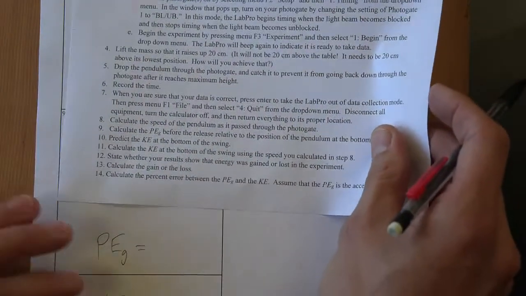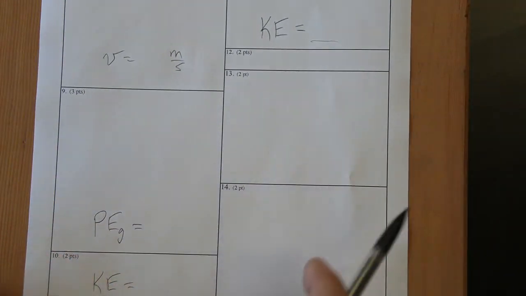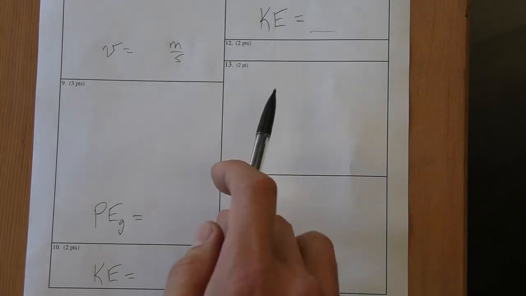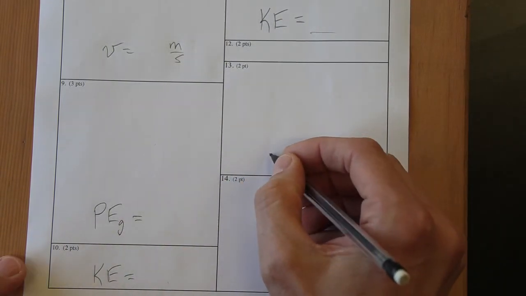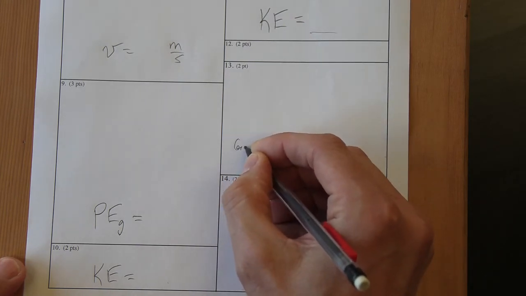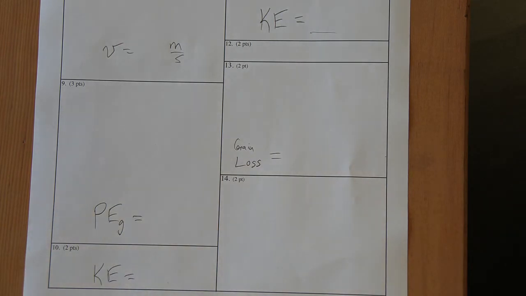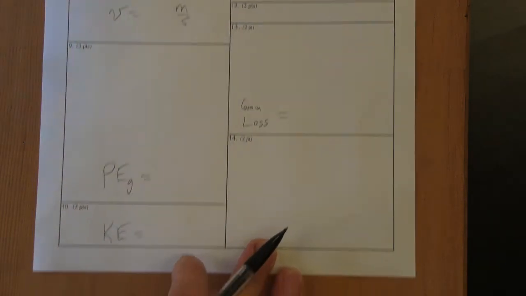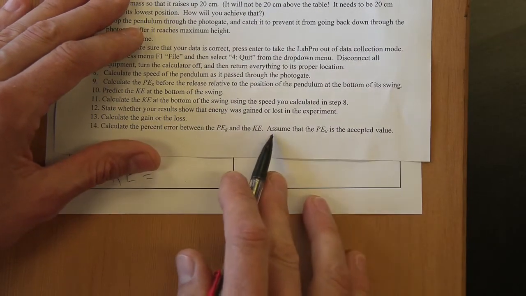Step 13, calculate the gain or loss. So how would you figure out from your numbers of energy what the gain or loss is? Go ahead and calculate it here. Gain or loss, write out the word gain or loss equals and then some number. Go ahead and do that now, one or the other. And then 14, calculate the percent error between the PEG and kinetic.